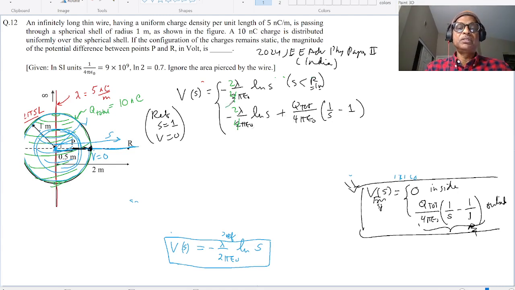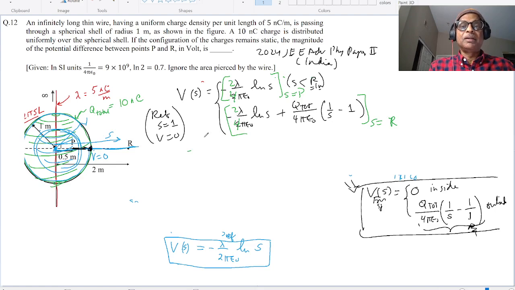So this will be used for S equals R, and this is going to be used for S equals the point P, and we're supposed to get the difference between them.